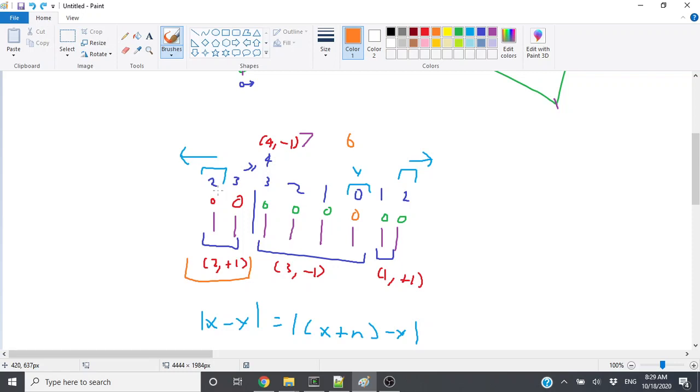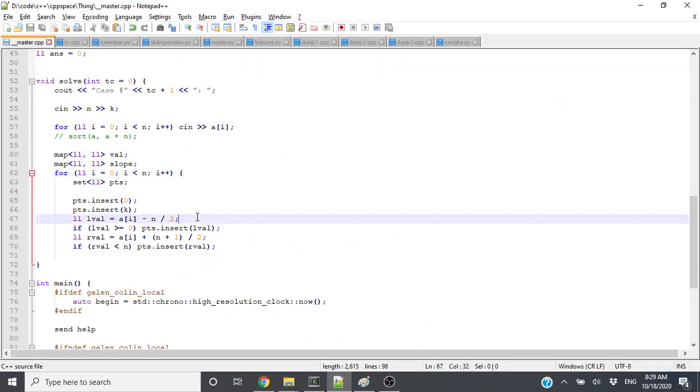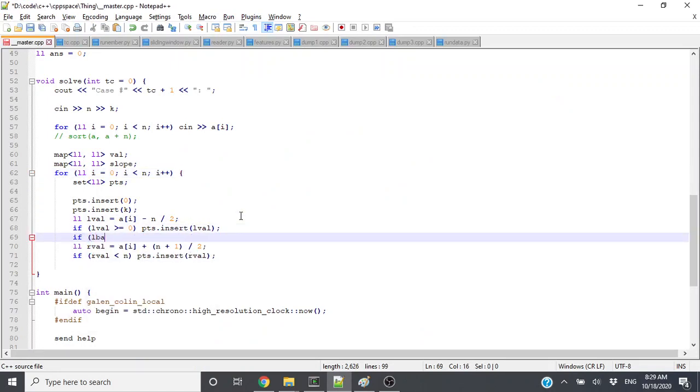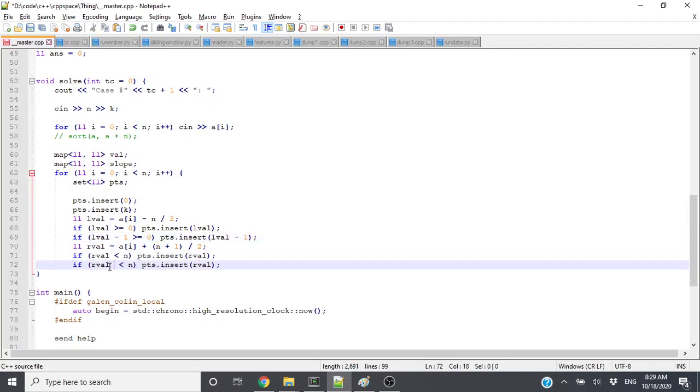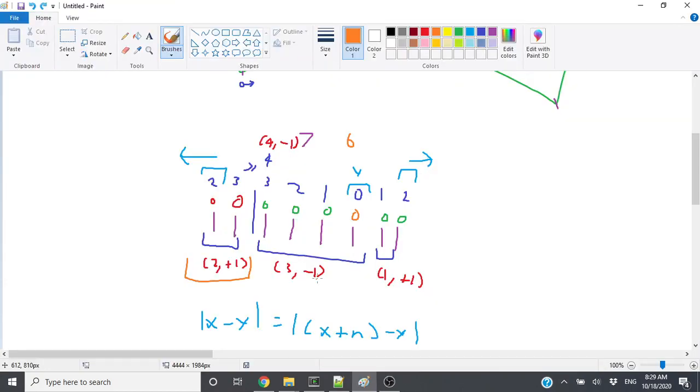So maybe what we do is we... Yeah, and then we do the same thing, I think. Because then we'll treat both this and this as points, and that should work out.